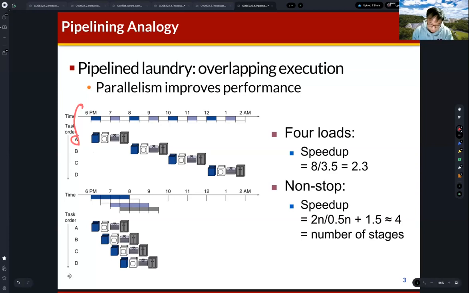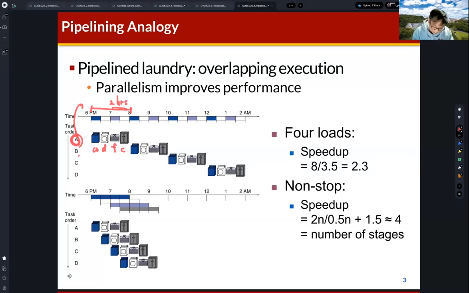So in order to complete the whole task for clothes A, we use the washing machine first, then the dryer, then folding, and then the closet. So for one piece of clothing, we need to consume 2 hours, because each step takes 30 minutes.